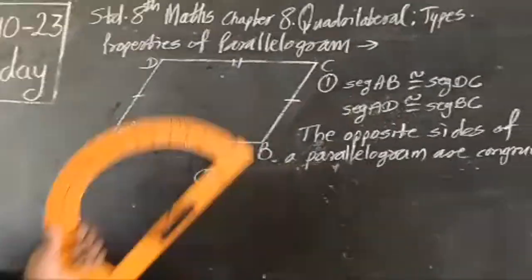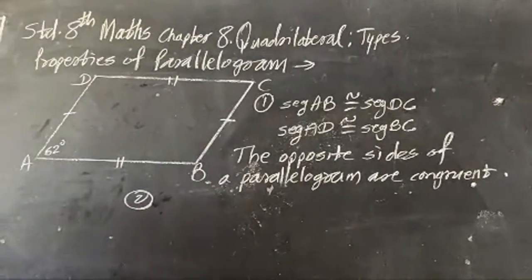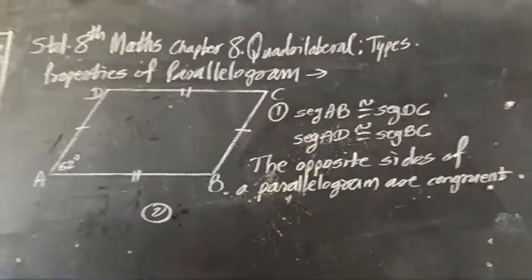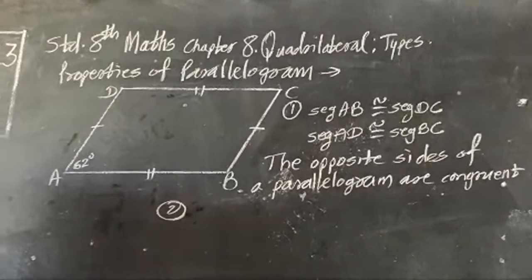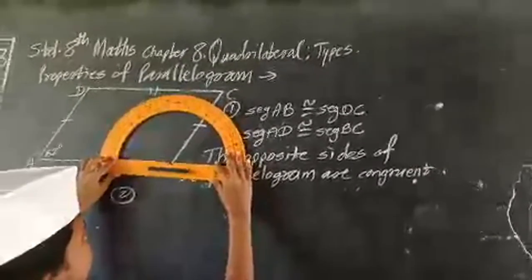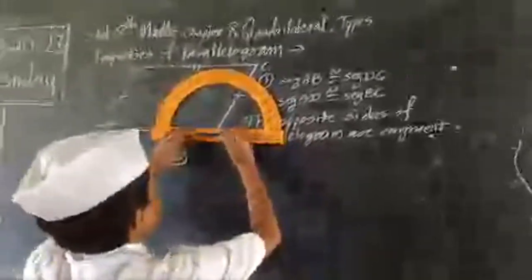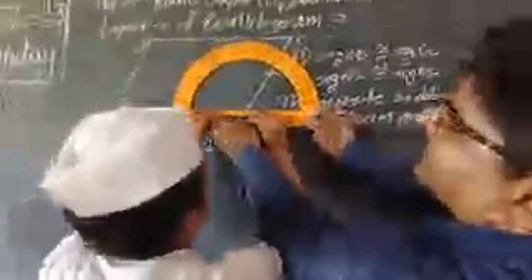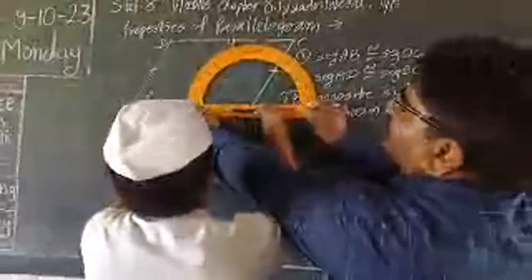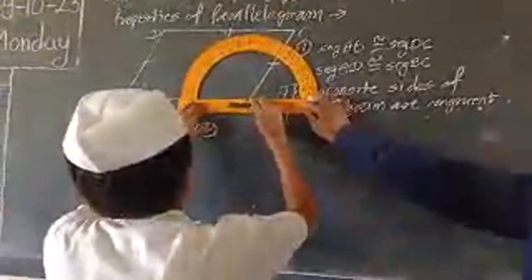Then measure this angle. Who measures the angle? Adjust this line.